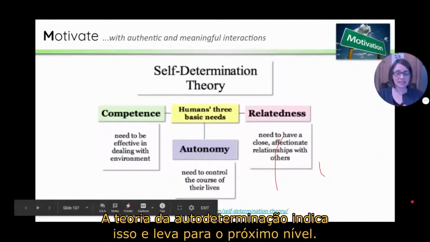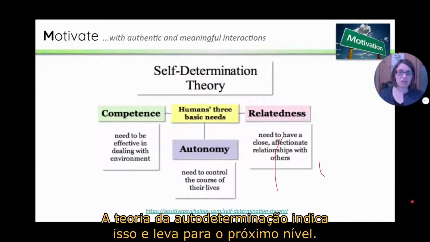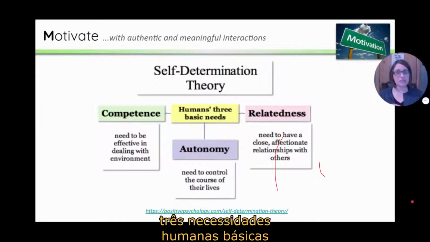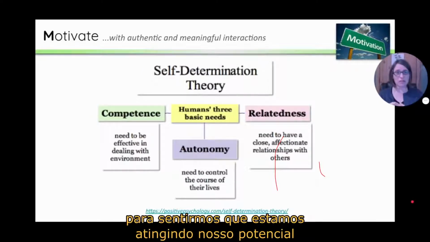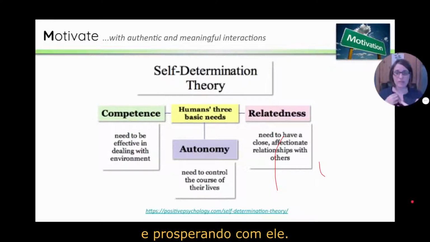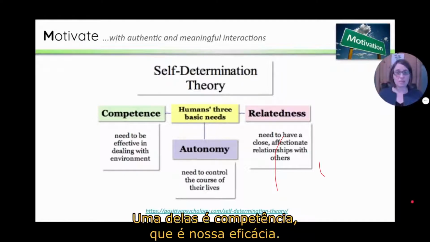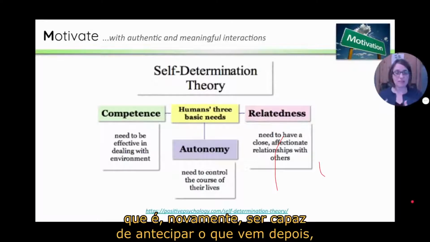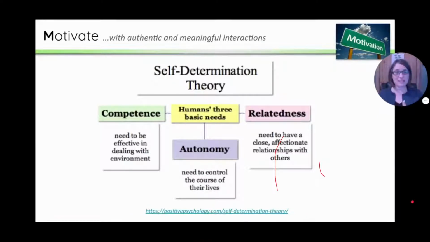Self-determination theory spells this out and takes it to the next level. Self-determination theory posits that there are three basic human needs in order to feel like we are reaching our potential and thriving. One of these is competence, so that is our effectiveness. Autonomy, so that's the need to control our own lives, which again, being able to anticipate what's next is a piece of that.